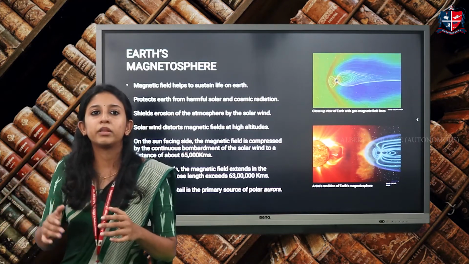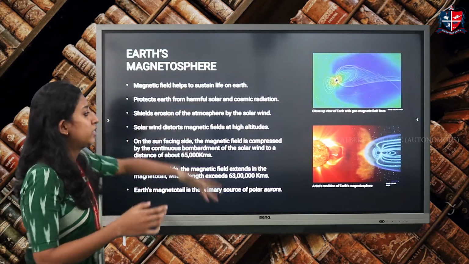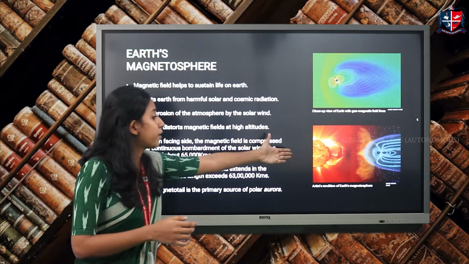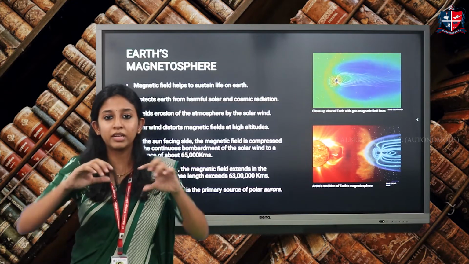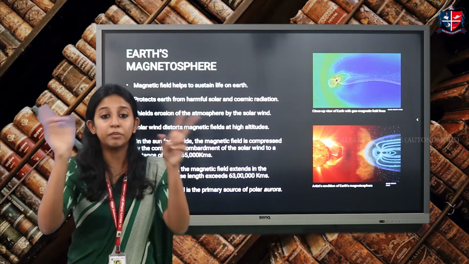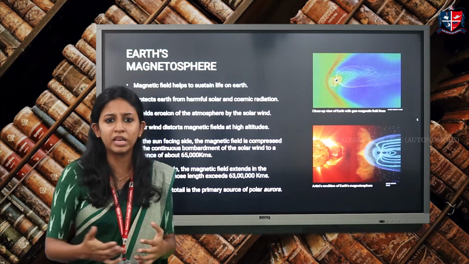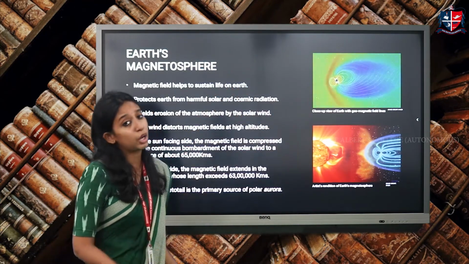Here in the pictures we can see the magnetosphere of Earth. We have seen the magnetic field lines of a bar magnet, right? They are equally arranged, they are symmetric. But in the case of Earth, this is not the case. Here we can see the magnetic field lines are not symmetric.